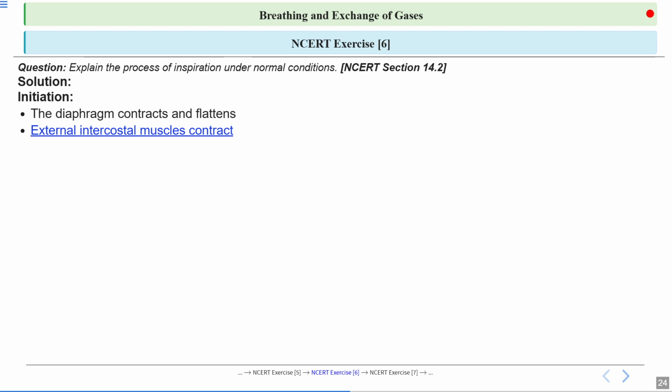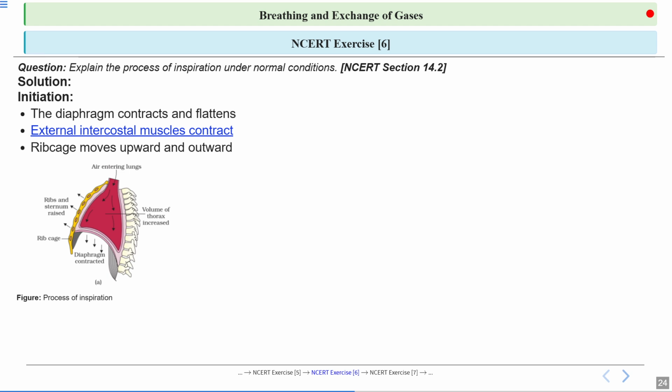It moves downward and becomes flat, meaning the diaphragm gets contracted. The rib cage moves upward and outward due to the contraction of the intercostal muscles, right? And in that way it increases the volume of the thorax, or you can say that the whole volume inside the rib cage gets increased, right?